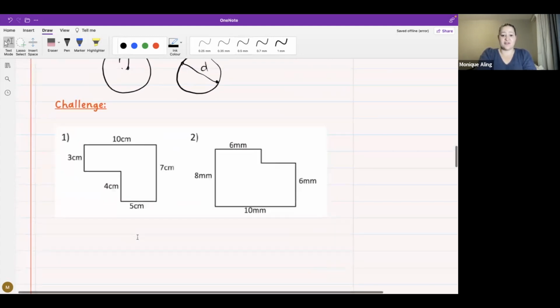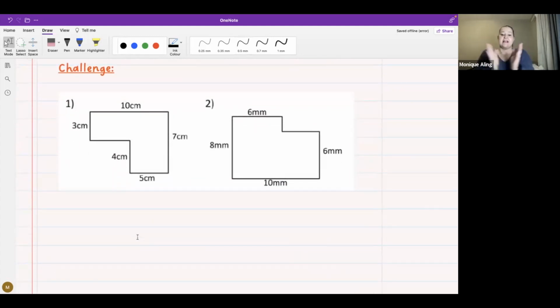I didn't want to show those other two shapes just yet. Okay, we need to work out the area of these two shapes. Does anyone have an idea of how we are going to work this out? Because it's not a square, it's not a rectangle, definitely not a circle or triangle.